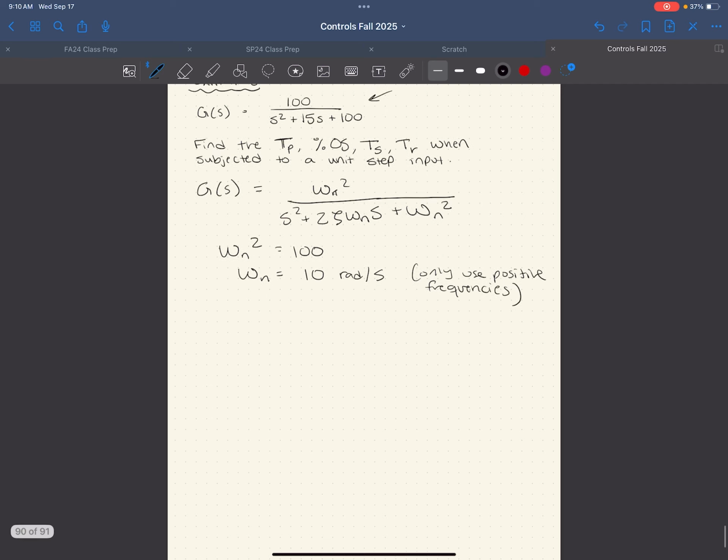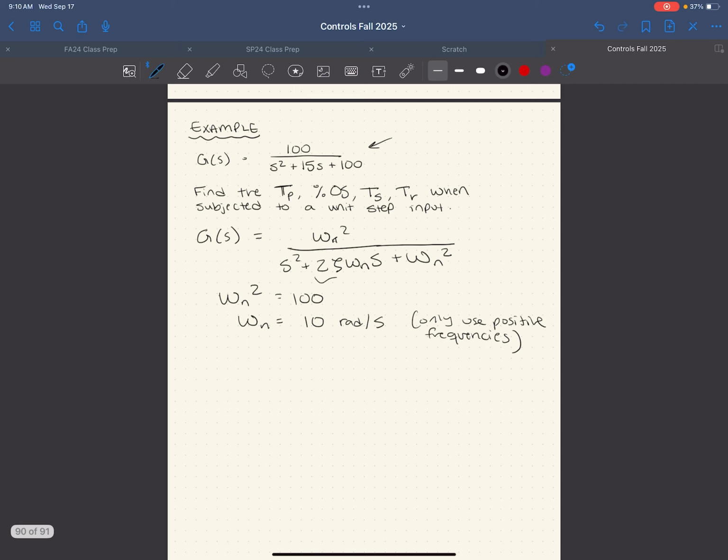Now we need to figure out zeta. Zeta is determined by the coefficient that multiplies s. So we can say that 15 here is equal to 2 zeta omega n, by comparing the general form and the specific transfer function given.